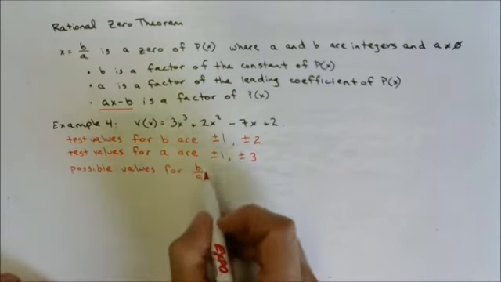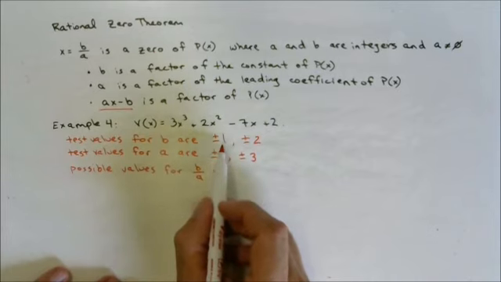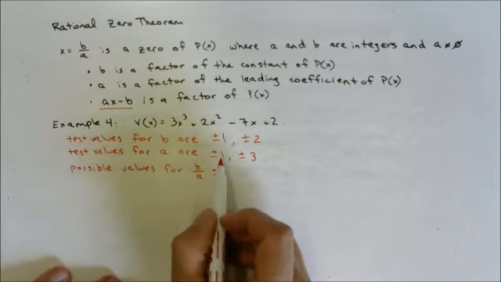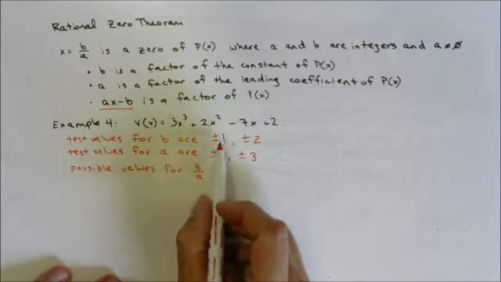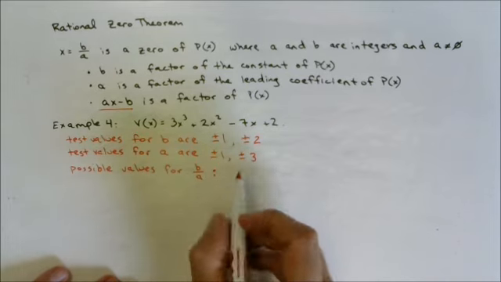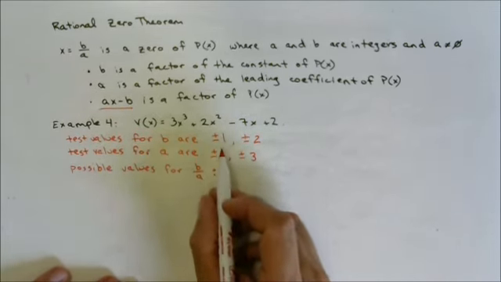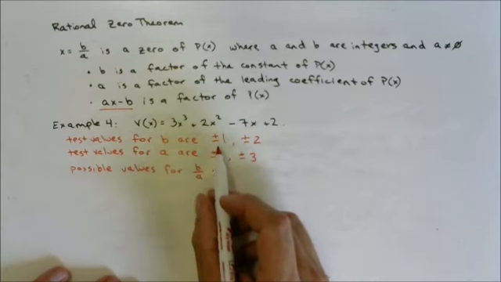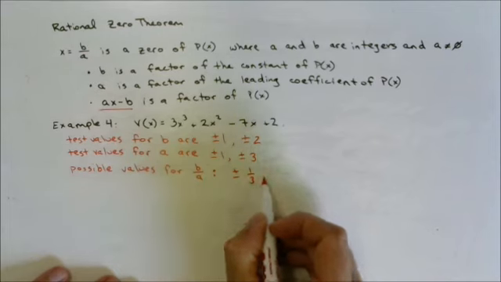Okay, so the possible values for b over a, stick with me: b can be 1 and a could be 1, so that would be 1 over 1, positive or negative, or you could have 1 over 3, positive or negative. I'm going to try to write them in order. So we've got 1 over 3, positive or negative, 1/3.